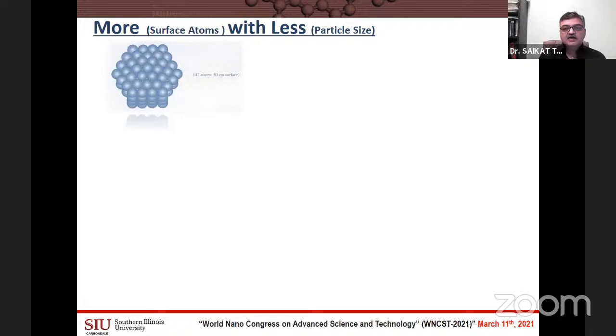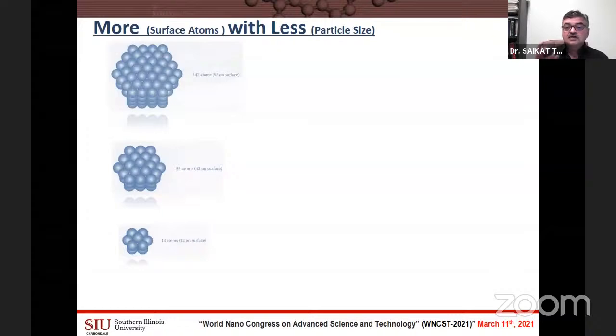So let us say you have a cluster. I'm sorry about this image, but if you have a 147 atom cluster, 93 of those will be on the surface. If you reduce the size further, let us say 55 atoms, 42 will be on the surface. And if you have a cluster of 13 atoms, 12 will be on the surface.